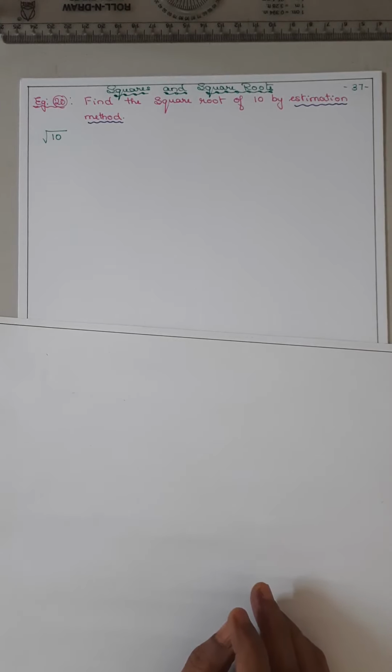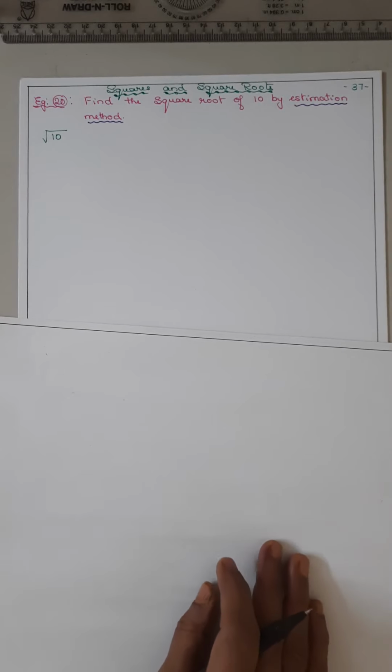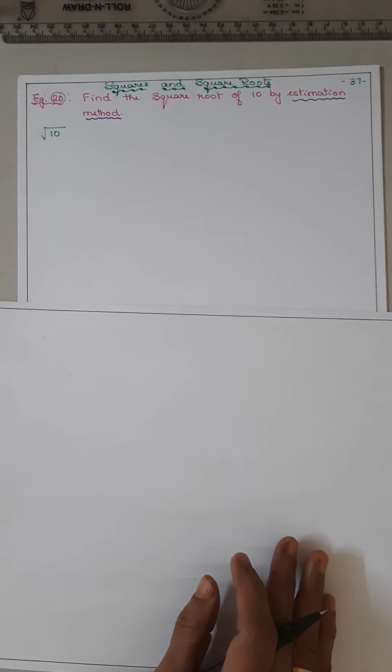Which is the method? Estimation method to find out the square root. So square root of 10. You know, 10 is not a perfect square. This method is little bit lengthy, but understand and you have to solve, okay?